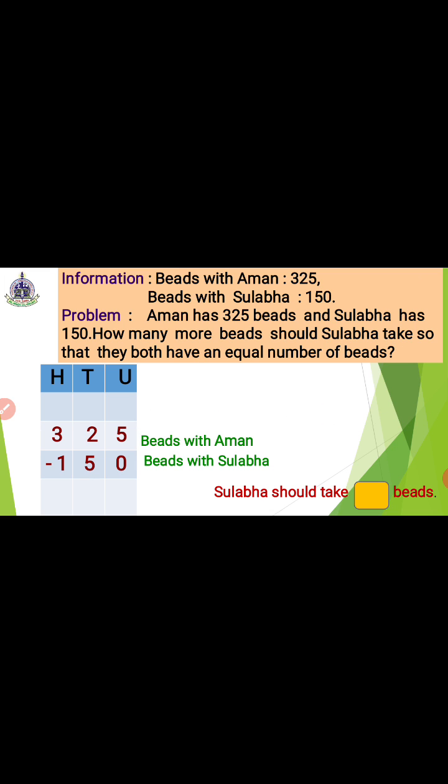Beads with Sulabha is 155. So based on this information we will make a word problem. So we have made the word problem, that is: Aman has 325 beads and Sulabha has 150 beads. So how many more beads should Sulabha take so that they both have an equal number of beads?